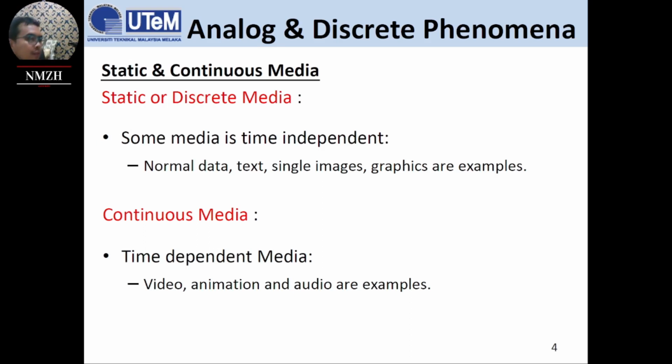Speaking of continuous data media, we have time dependent media. I did talk just now about the temporal relationship in multimedia. So time dependent data is where we talk about media, animation, and audio as examples. For example, audio.